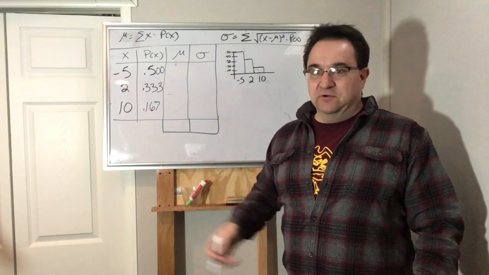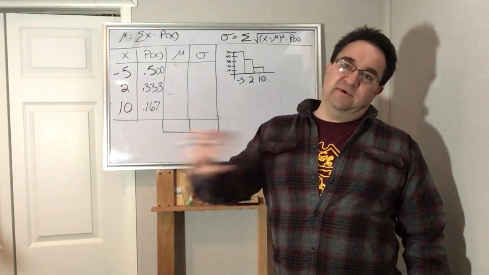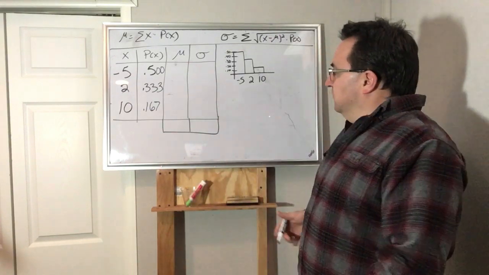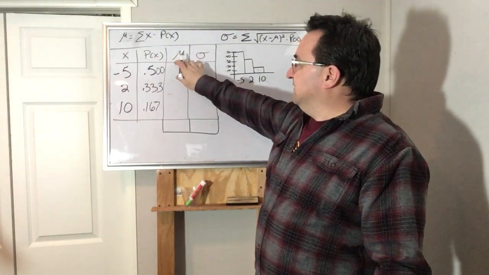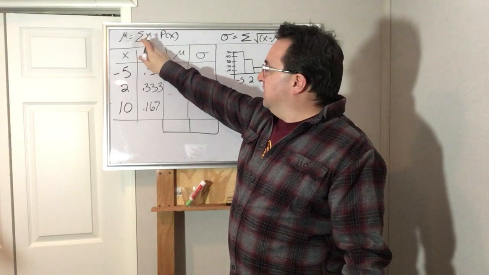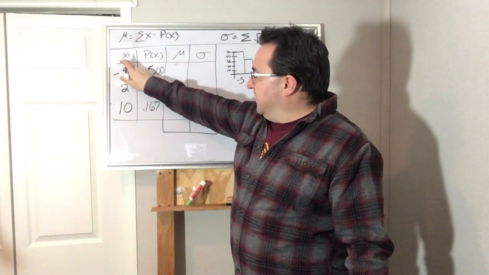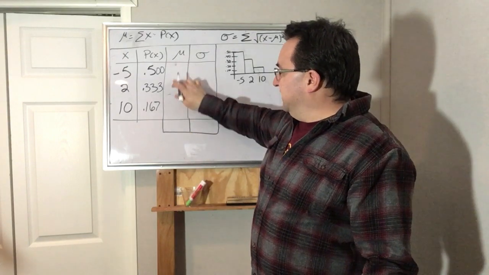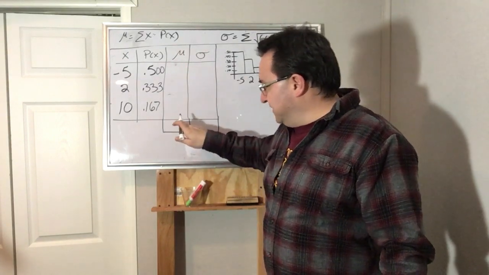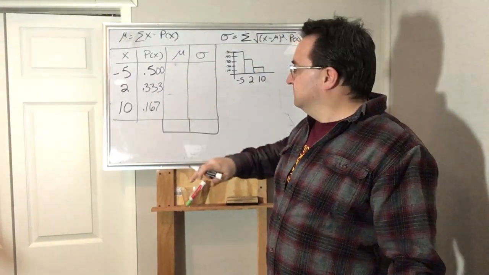On average, would I be paying money or would I be winning money? Well, let's see. How do we find a mean or expected value? I have to multiply the outcome by its associated probability, and then when I get them all, I got to add them all up, and this will be my mean.